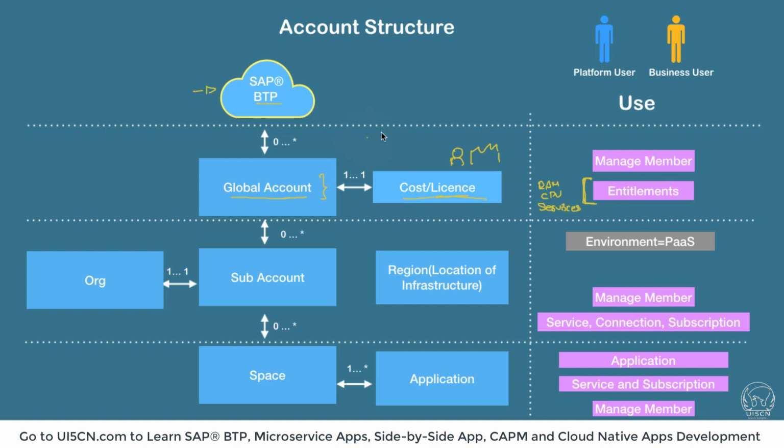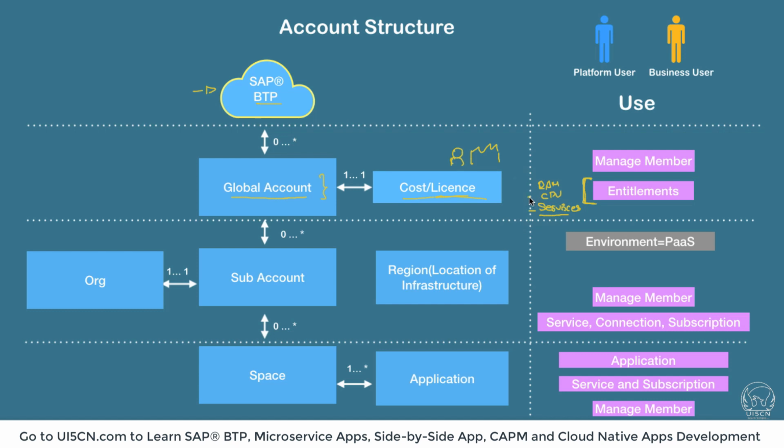So in SAP BTP, all the features or the standard applications which SAP is providing are provided to you as services. So it can be a database service, or an app-to-app messaging service, or you can have workflows as a service. Or using an IDE like SAP BAS. So these are exposed to you as a service.